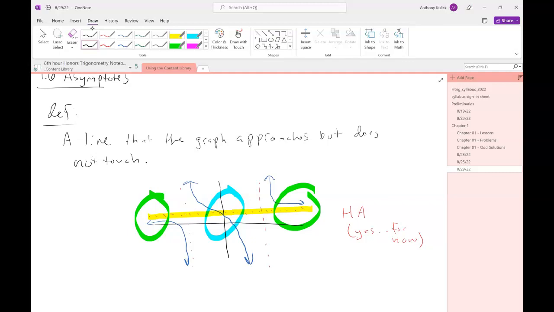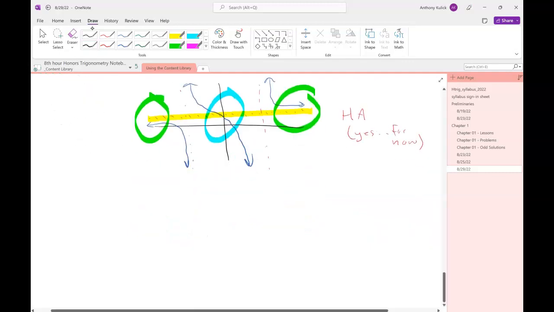Okay. So, how can I confirm that something is an asymptote? I can look at a picture and go, okay, visually that looks like it.